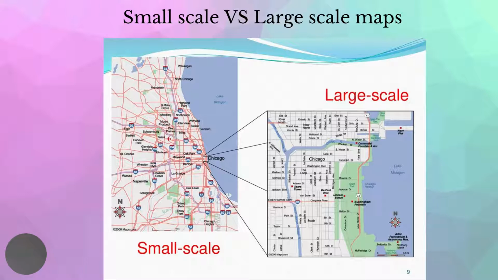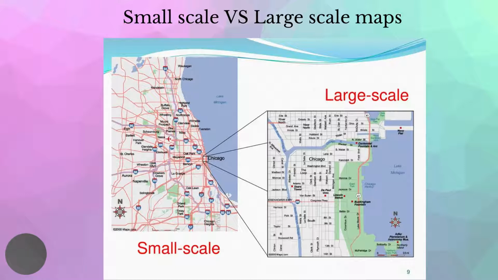Now, maps may be classified in different ways, and one way we can classify maps is based on the scale. Thus, we can talk about small scale maps and large scale maps. Large scale maps show a smaller geographical area, but with greater amount of detail.